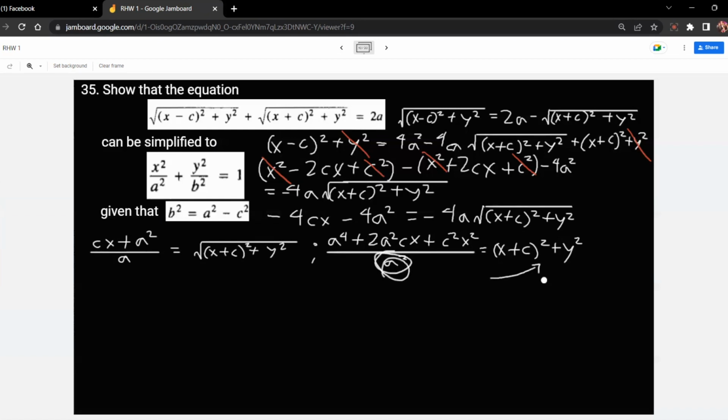Plus c squared x squared over a squared. X squared plus 2cx plus c squared plus y squared. And then magka-cancel yung 2cx na terms.